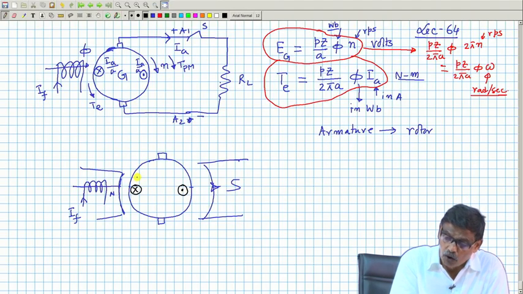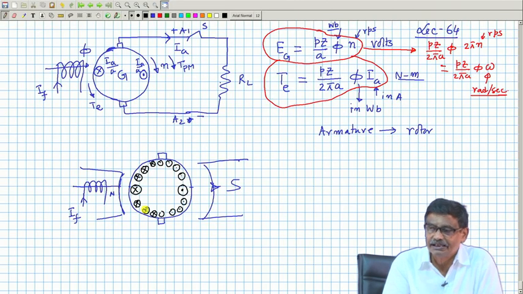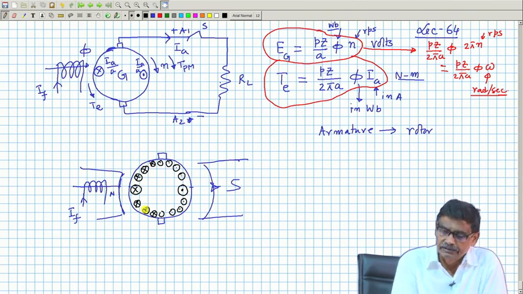All the conductors under the north pole will carry cross current, and they will carry the same current, mind you, IA by A. Whichever conductor is under the south pole, and whichever conductor is on this line, induced voltage will be 0, okay, but current will be there.